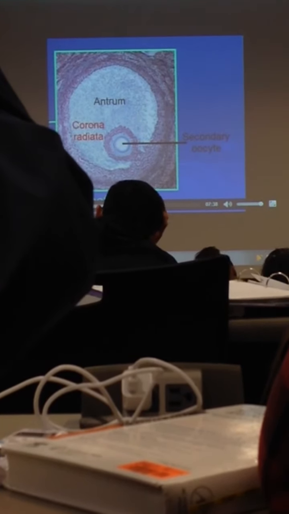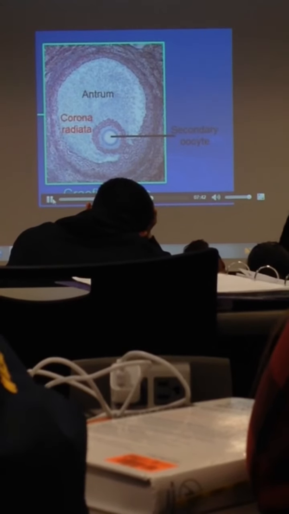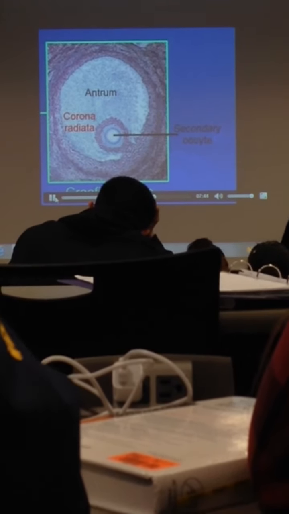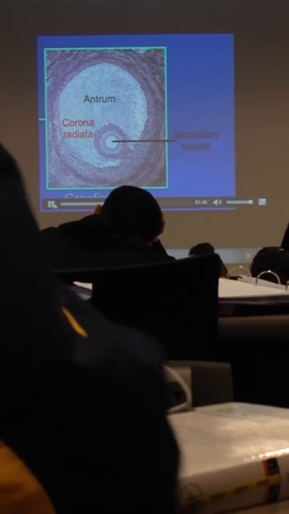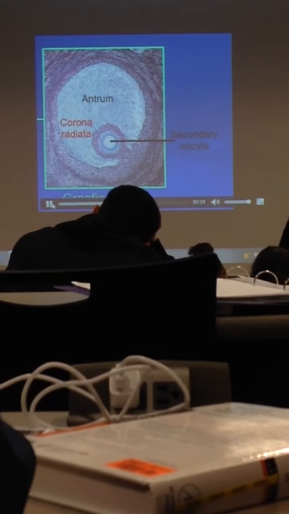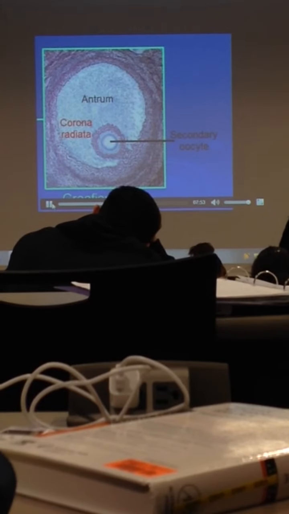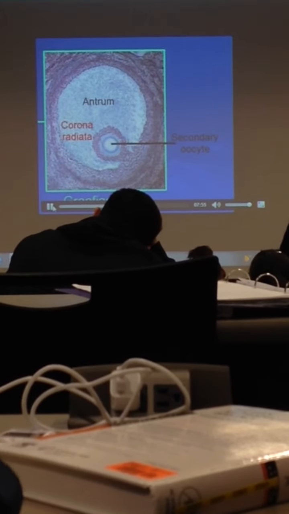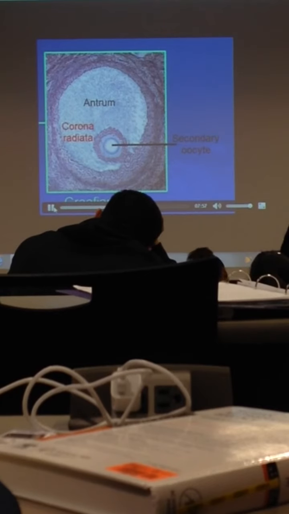At ovulation, the secondary oocyte, along with its zona pellucida and corona radiata, will be expelled from the Graafian follicle. It is worth noting that the secondary oocyte will not complete meiosis II, forming an ovum and second polar body, unless it is penetrated by a sperm.